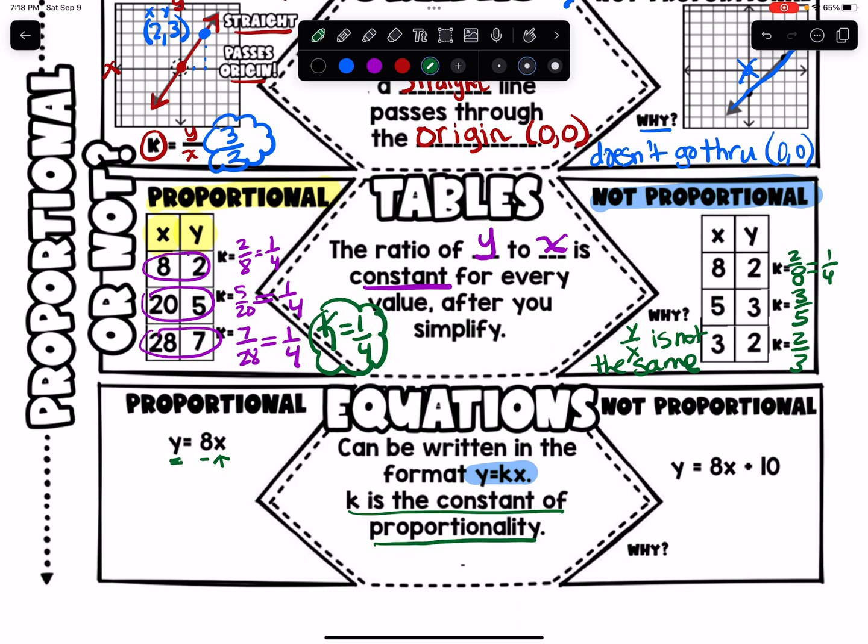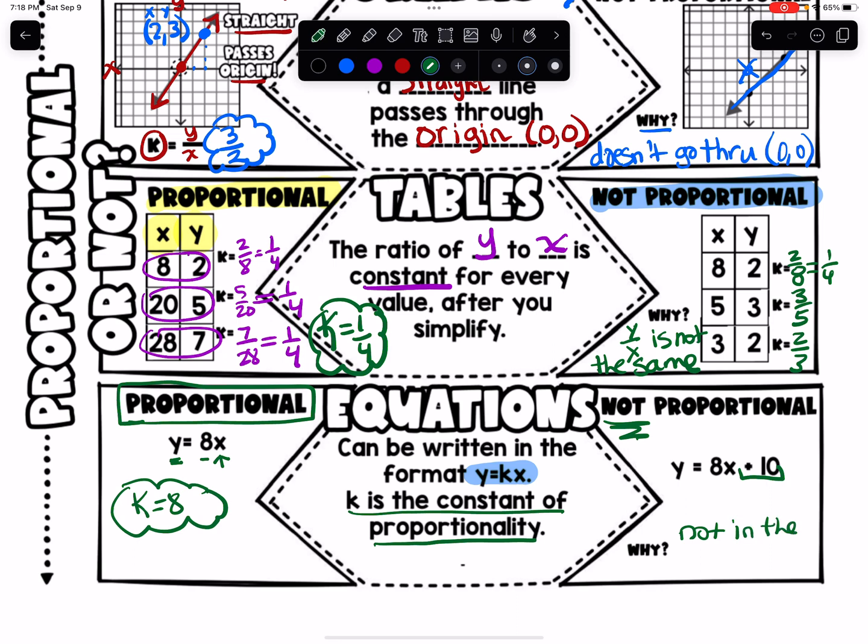And if it's in that form, it is proportional. And the constant of proportionality is so easy to find. It's just the number in front of the x, the coefficient of x. So k would be 8 in this situation. And then the reason why it's not proportional over here is because we're adding this extra thing. So we can say it's not in the form y equals kx, because it has this extra added on part.